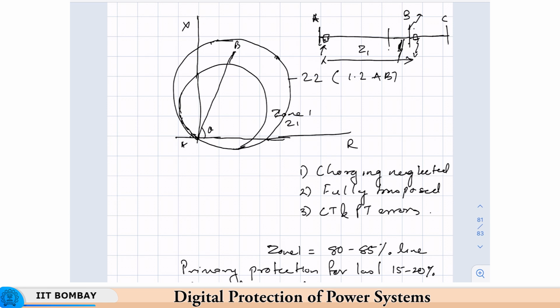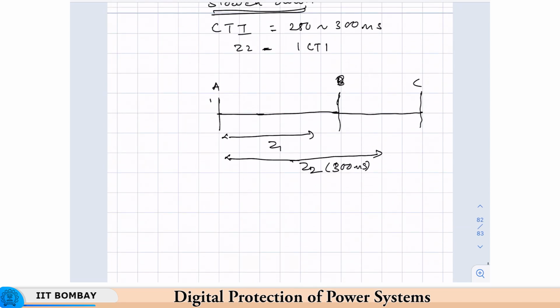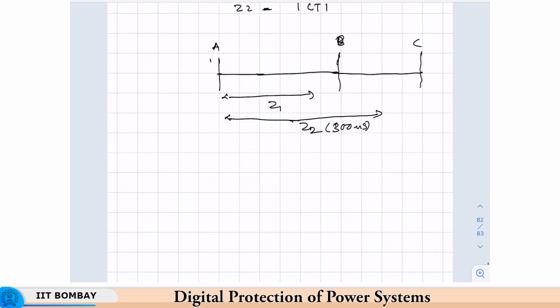This is both for zone 1 and zone 2, so first it will check for zone 2. If it is in zone 2, it will further check if it is in zone 1 as well. Okay, and if it is in zone 1, then the trip is instantaneous. If it is in zone 2 but not in zone 1, then the timer can run out up to 300 milliseconds.